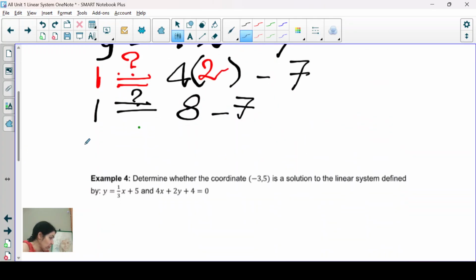So this works. 1 equals 8 minus 7 equals 1. So this works on the first equation.